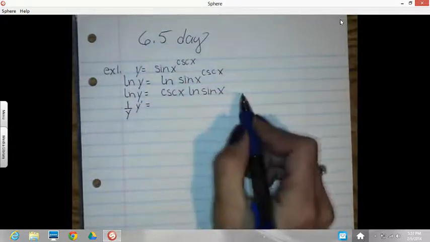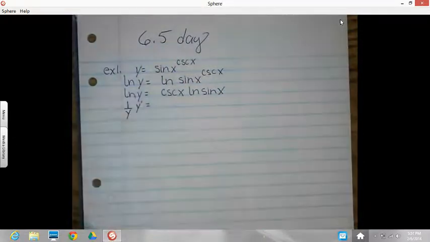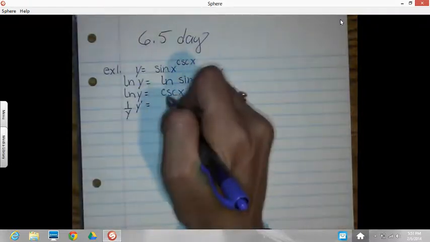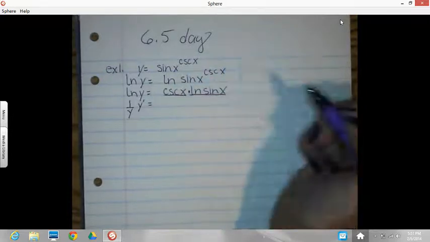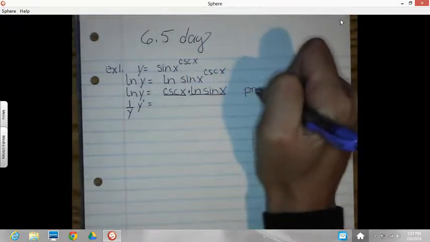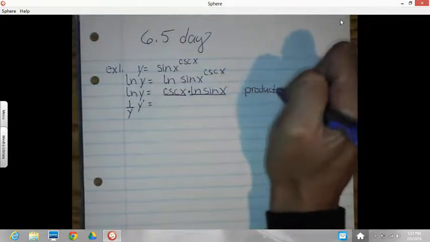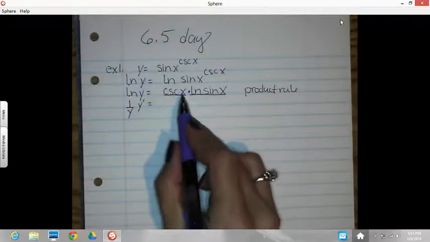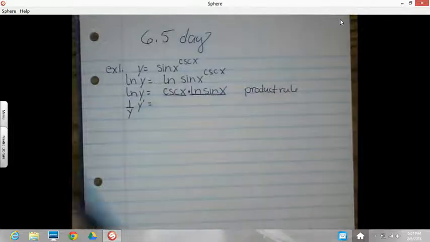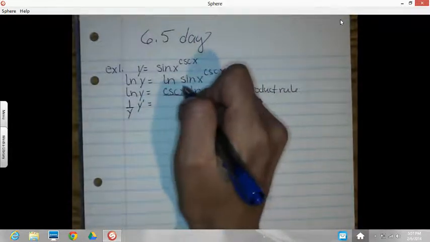Over here now, hopefully you're picking up on the fact that you've got an x term multiplied by another x term. This is a product rule. Those of you that don't pick up on it just run right through to the derivative of this times the derivative of this and lose like 5 points. So don't be doing that. Okay, product rule says take the derivative of your first term.